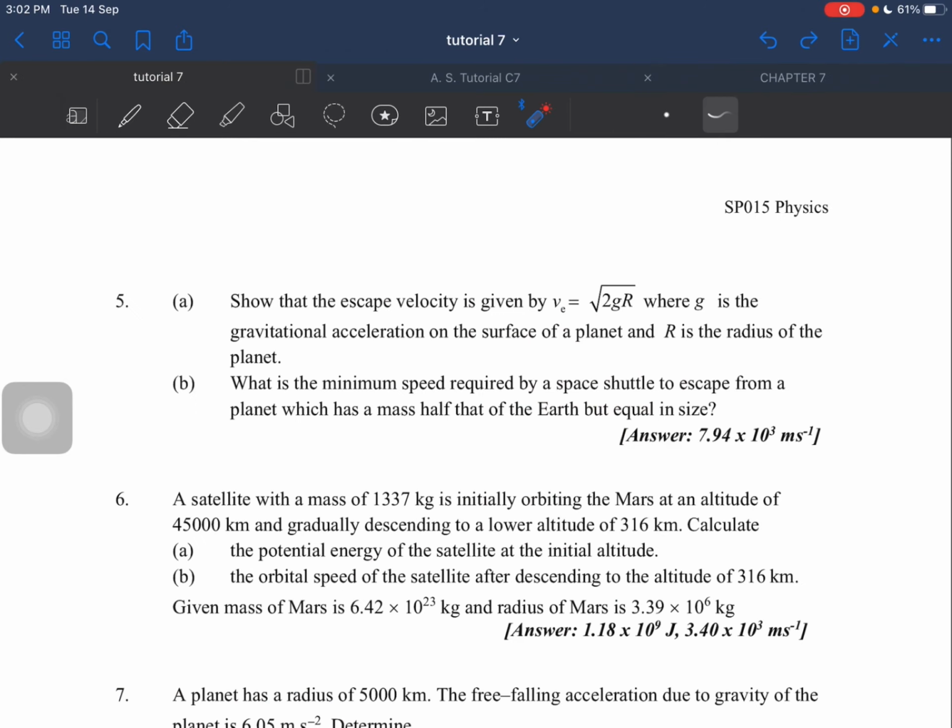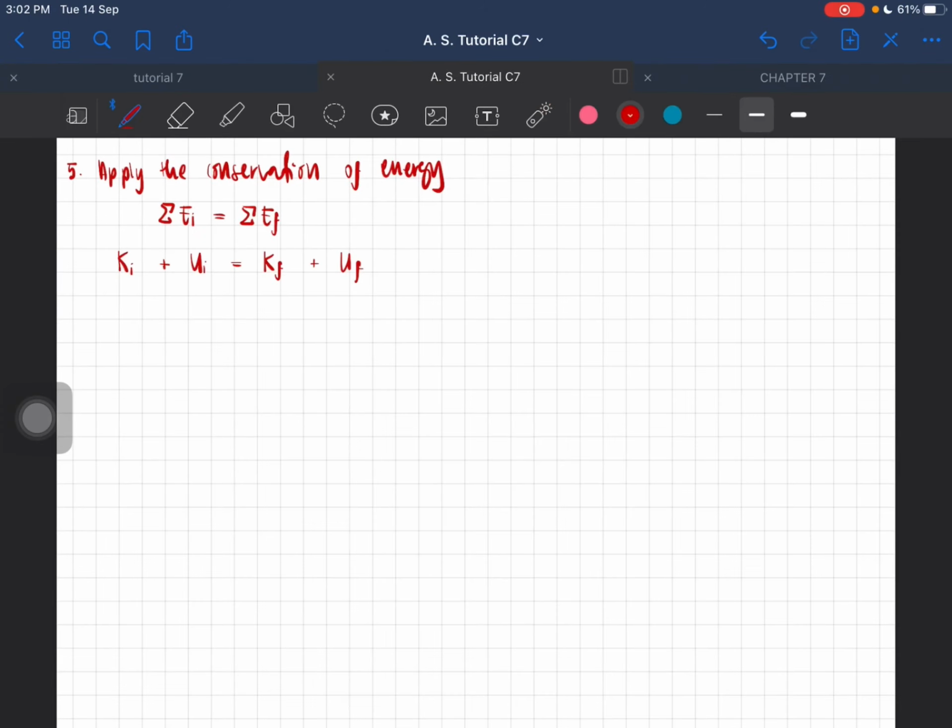So we are left with Ki plus Ui equal to 0.